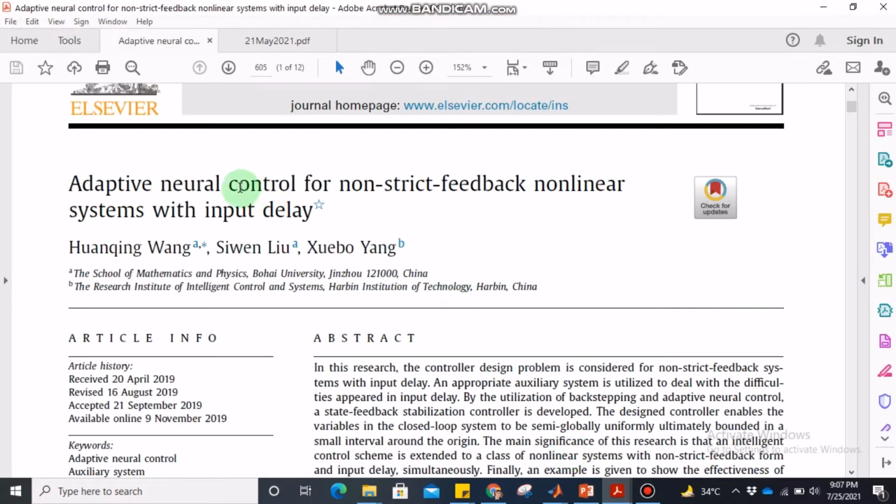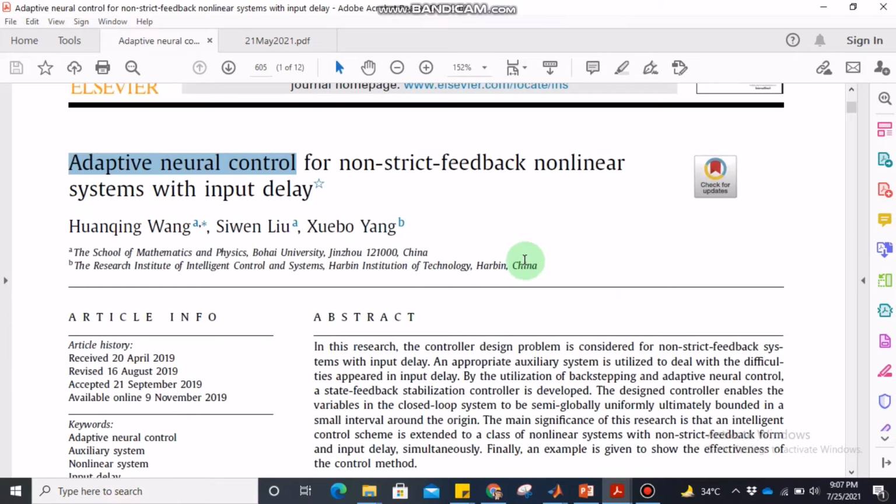For example, this is Adaptive Neural Network Control for Non-Strict Feedback Nonlinear Systems with Input Delay. So first of all, you have to understand what this paper is all about. This paper is presenting some adaptive neural network control. So when you are reading the paper, you will be looking for the control law that is based on some sort of adaptation.